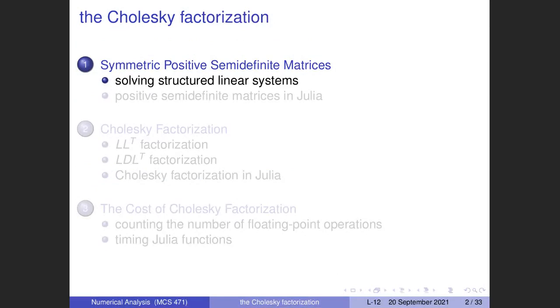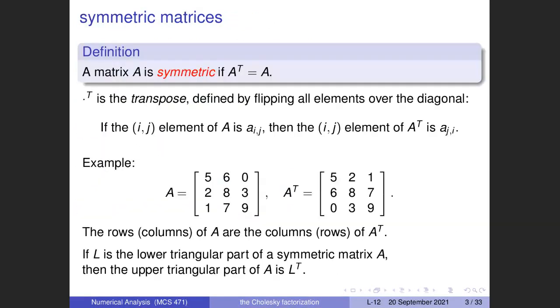So we will solve structured linear systems. And the first type of structure occurs when the matrix is symmetric. So formally, we say that a matrix is symmetric if its transpose leaves the matrix invariant. So here is an example. The diagonal of this matrix A here consists of the elements at position 1,1, position 2,2, position 3,3.